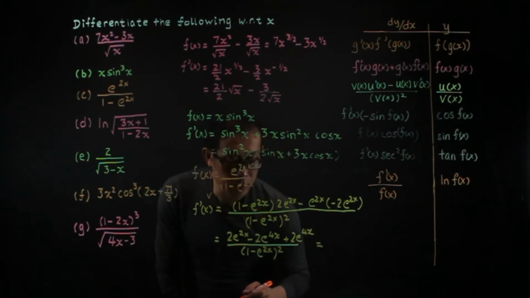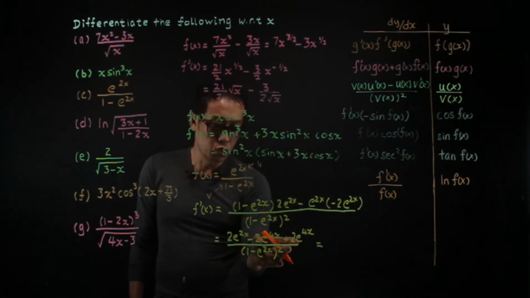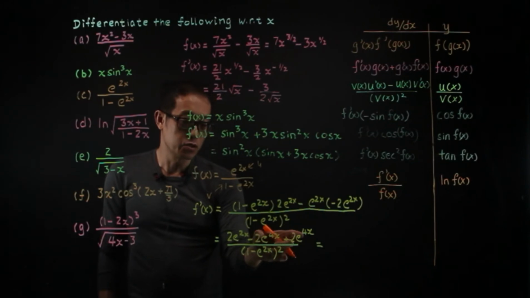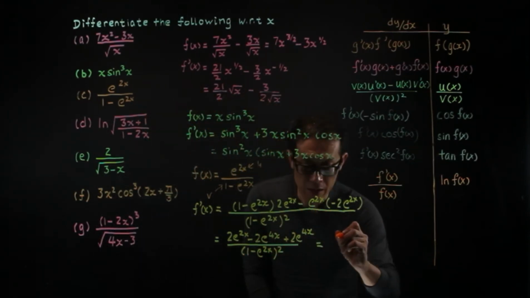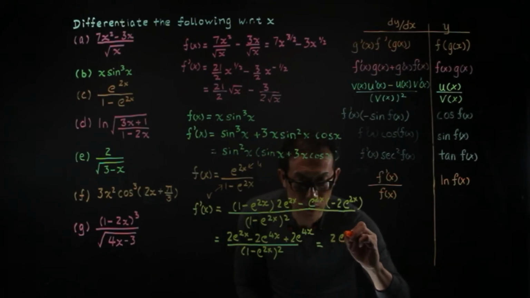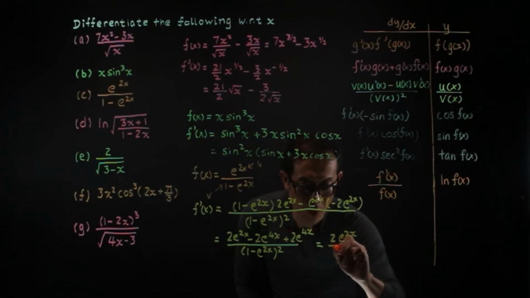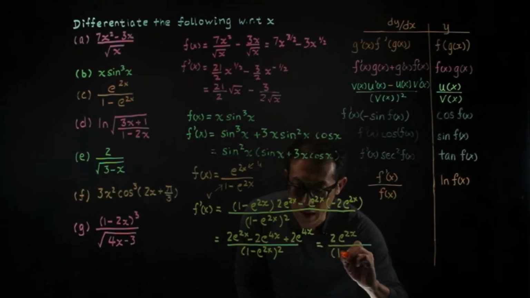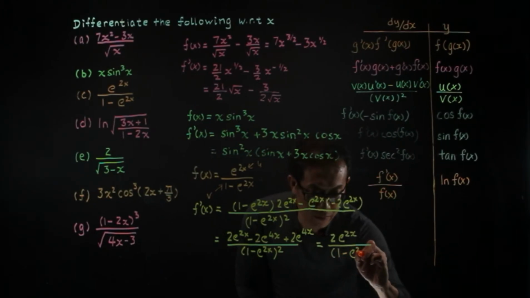And then what do you get over here? Now these two, they are identical, so they cancel each other. So you are left with 2 e to the power of 2x over 1 minus e to the power of 2x whole thing squared.